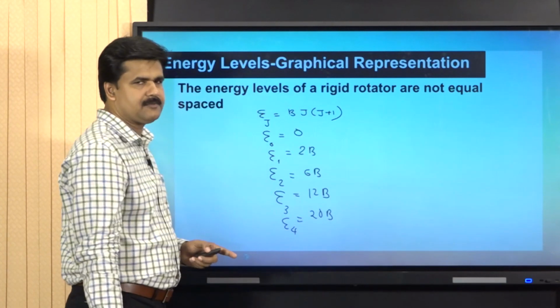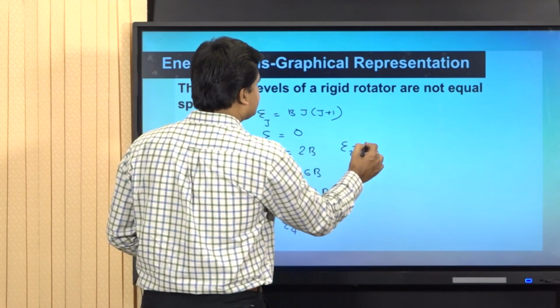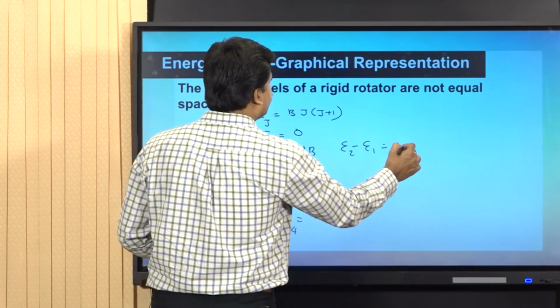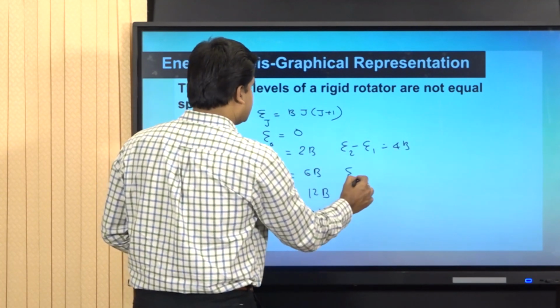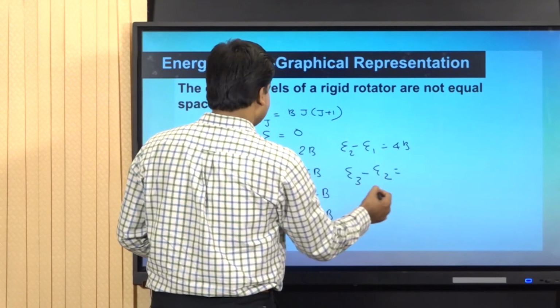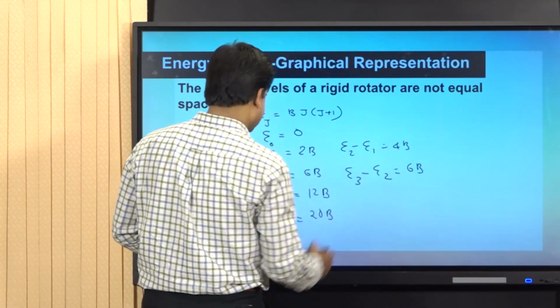From this expression, it is clear that the spacing between epsilon 2 minus epsilon 1 is equal to 4B, and epsilon 3 minus epsilon 2, that is 12B minus 6B, is equal to 6B.